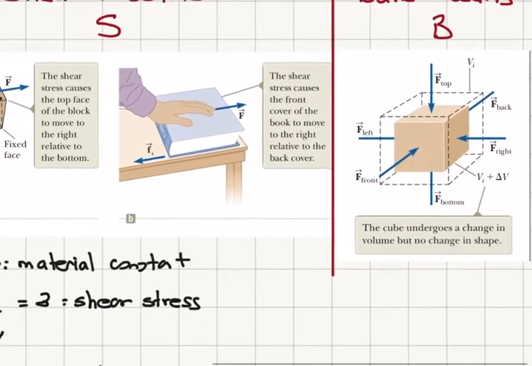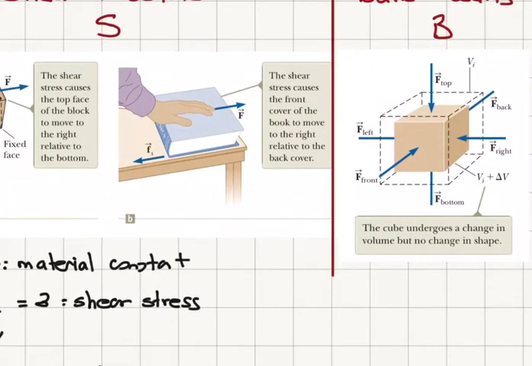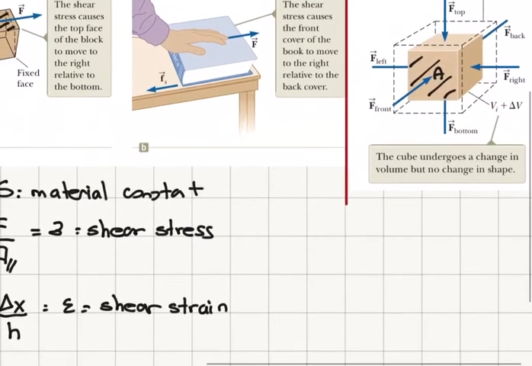Now, the third scenario is where we have an object on which we're changing the pressure. For example, we take this from 1 atmospheric pressure to 2 atmospheric pressure, etc. So the force per area that we're applying on all sides, so this is area A, is increasing.